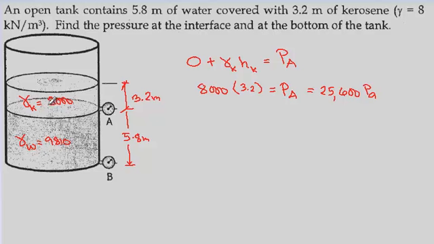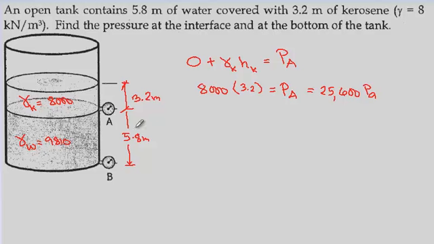You cannot treat them as combined, because they are not really mixed. In this case, you could just think of PA, and as you go deeper, this is point A here. As you go deeper, it will increase by gamma h, then you will get PB. So I think it will be simpler.